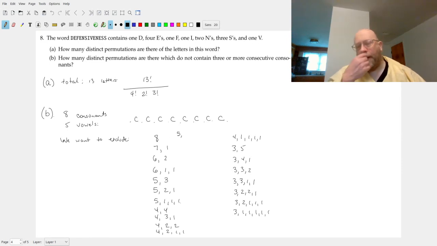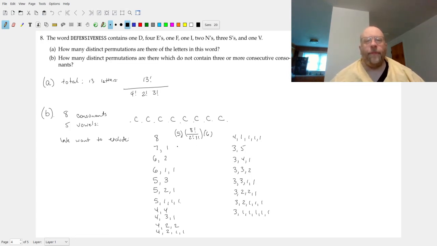And then there are 8 factorial divided by 2 factorial and 3 factorial ways of arranging the consonants. And then those consonants can be inserted in one of 6 different places: before the first vowel, after the first vowel, after the second vowel, after the third vowel, after the fourth vowel, after the fifth. So we've arranged the vowels, we've arranged the consonants, inserting the consonants in among.